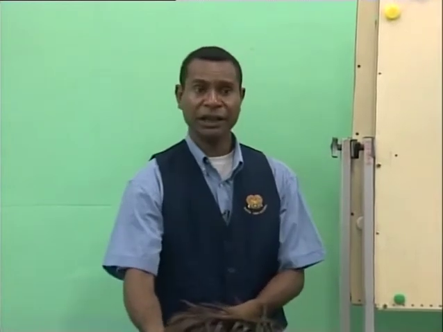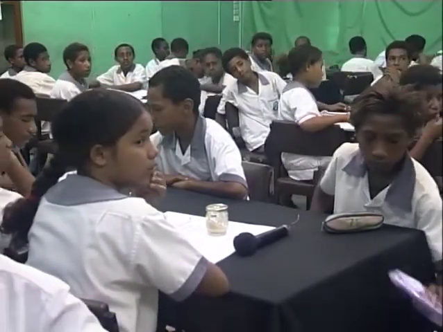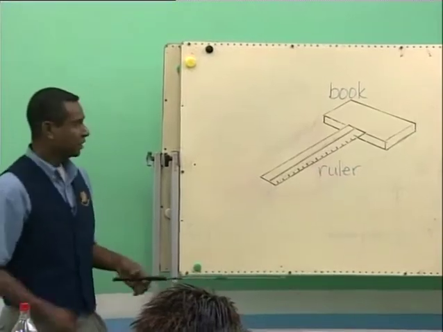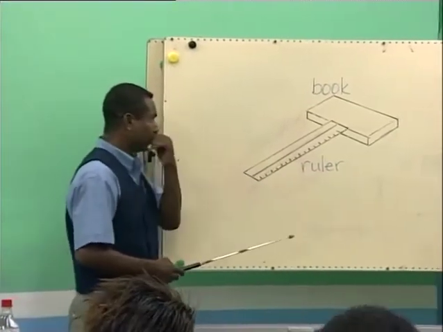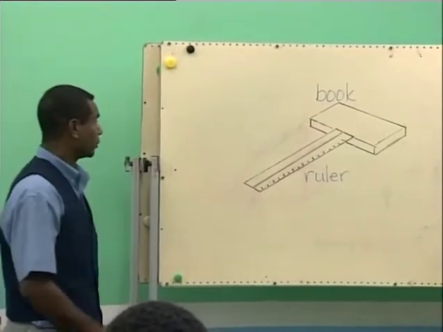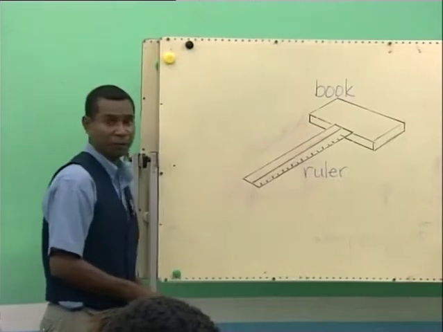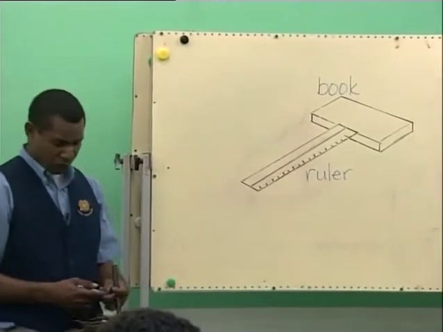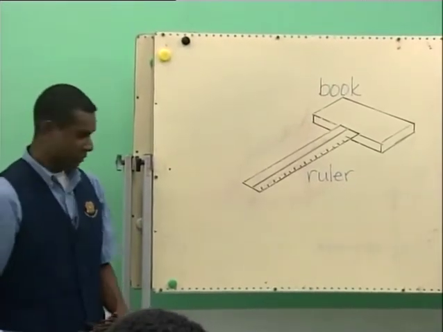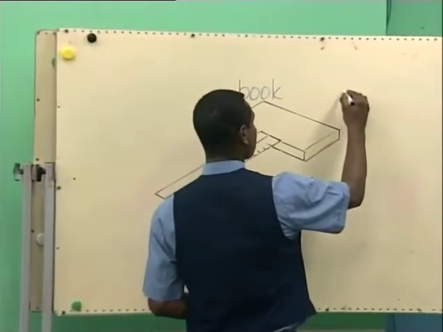We made a... Let's have a look at the diagram, which is on the board. If you look at the diagram, this is how you placed your ruler on a book. So when you place the ruler on a book, you made yourself what we call an inclined plane.